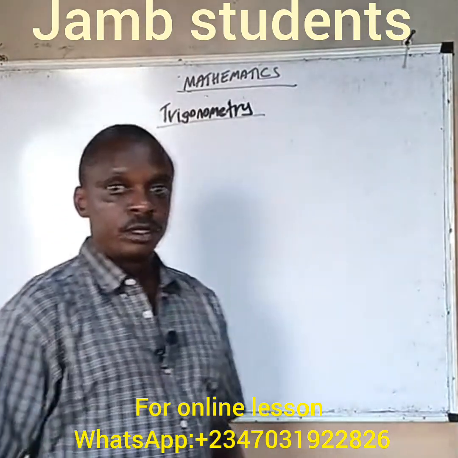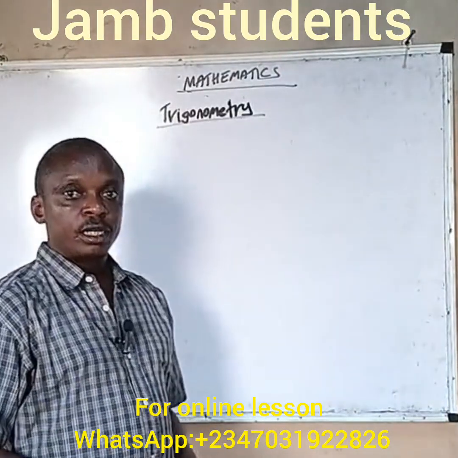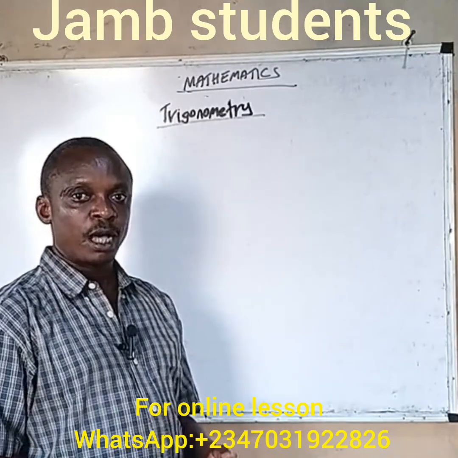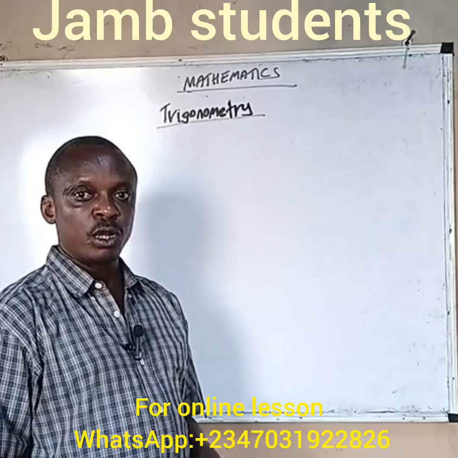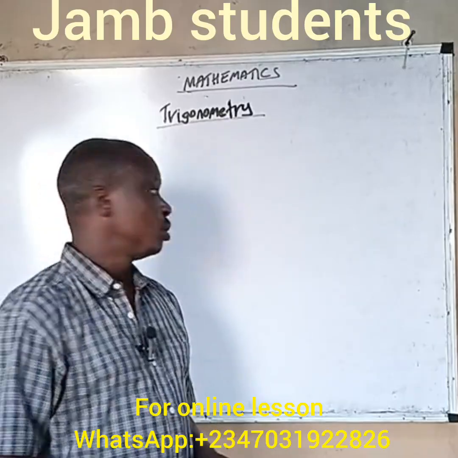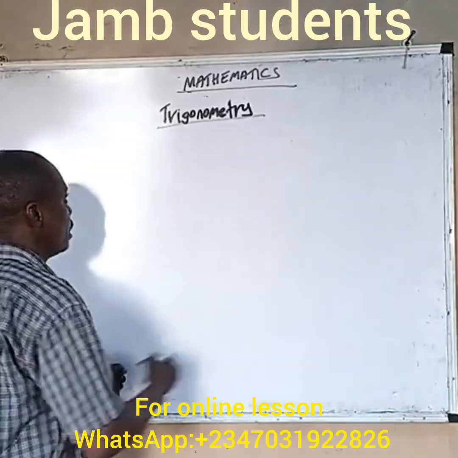All right, let us look at compound angles in trigonometry. I've given these compound angles before, but let us actually look at what it is used for, how it is used in calculation. So let us recall them again.